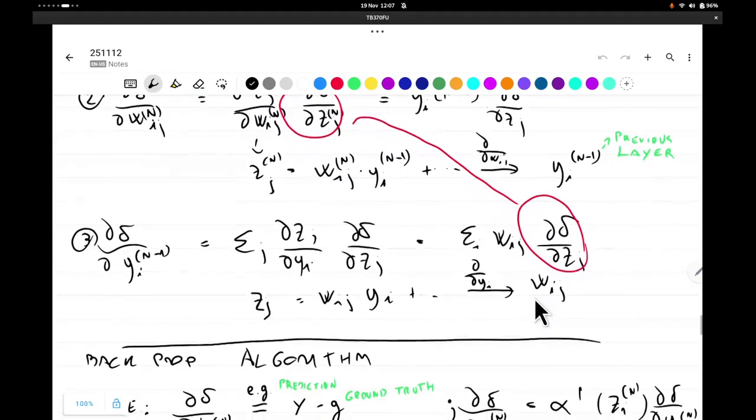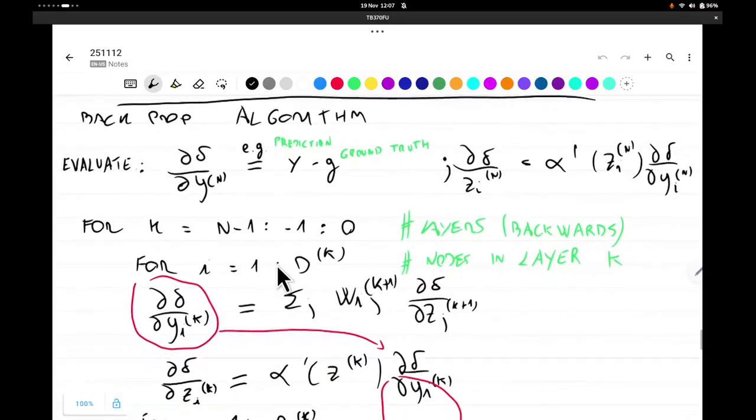And then to close the circle, we calculate the derivative of the divergence with respect to the output of the previous layers. Again, we insert the zj's. We again notice that the zj's are this linear transformation, and the derivative with respect to the y's are the weights. So these terms here become the weights, and again we know this derivative from the previous step.